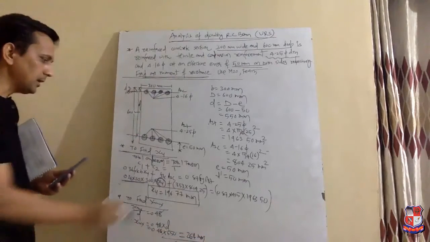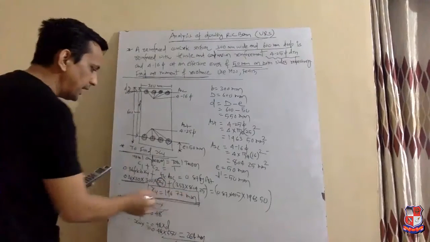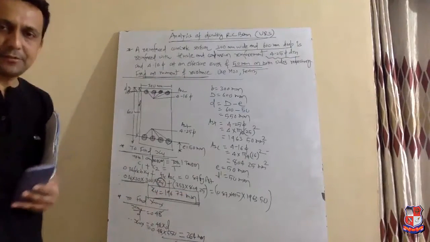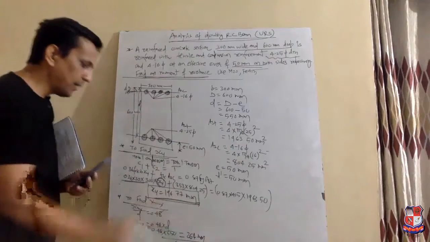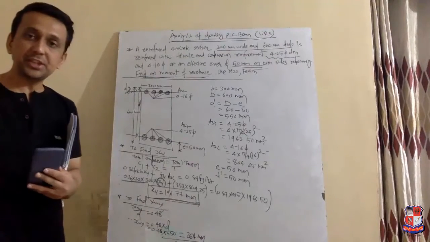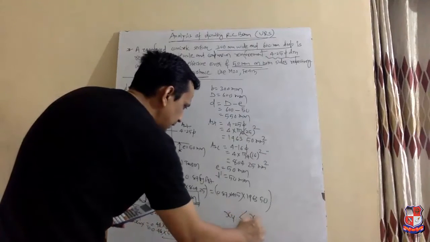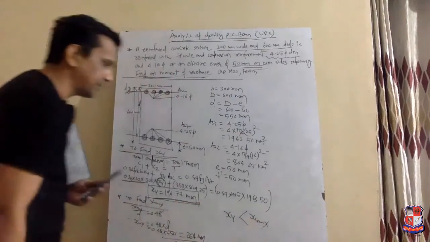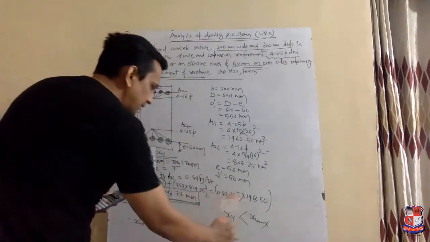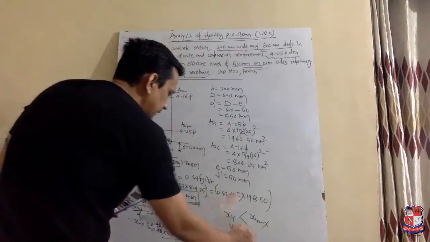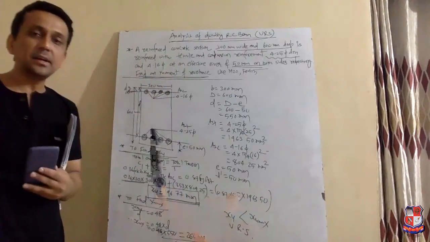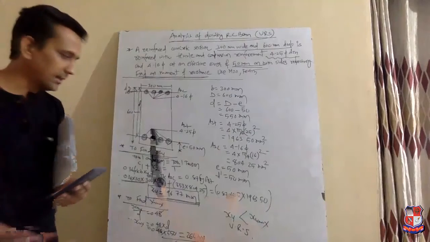XU is 196.77 and the value of XU max is 264. So here XU is less than XU max. When XU is less than XU max, it means that our section is under reinforced section.